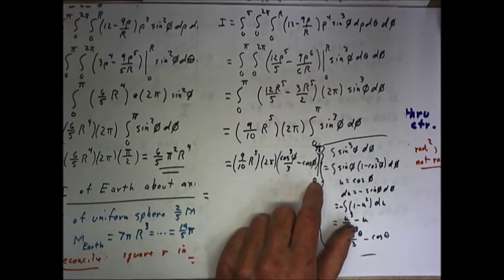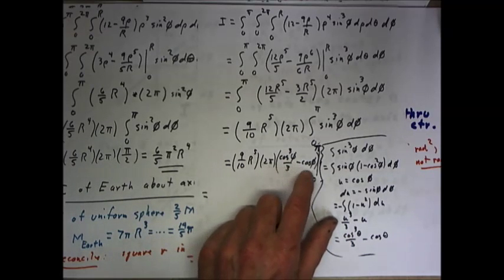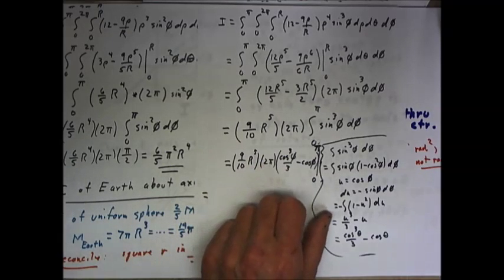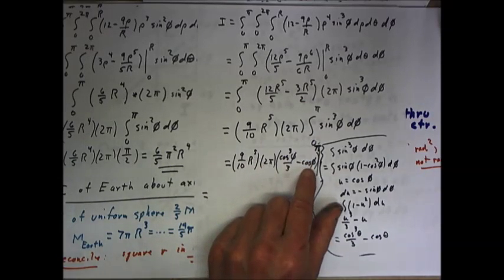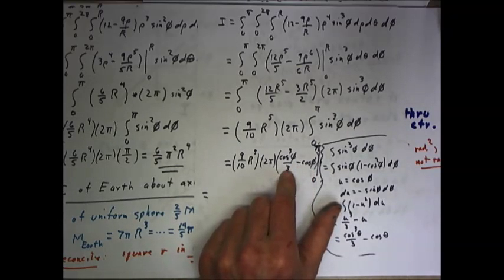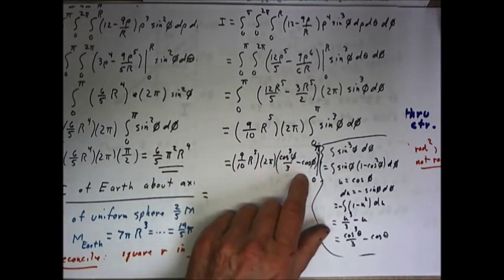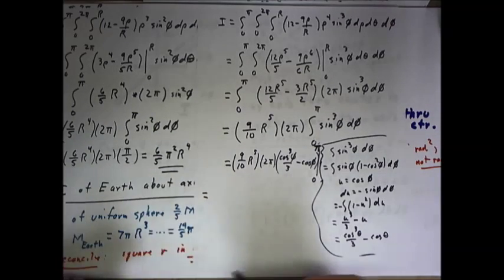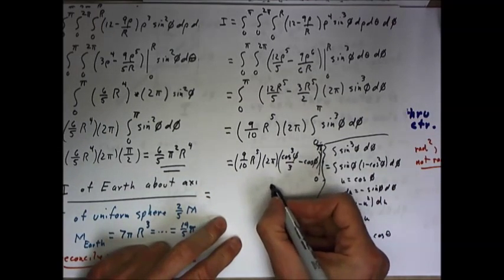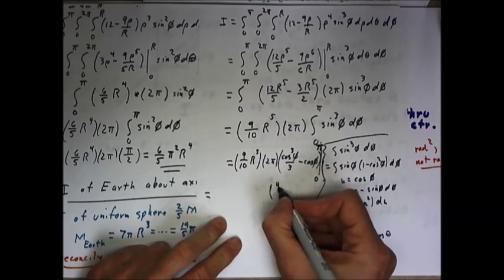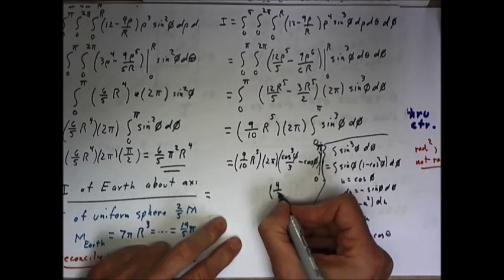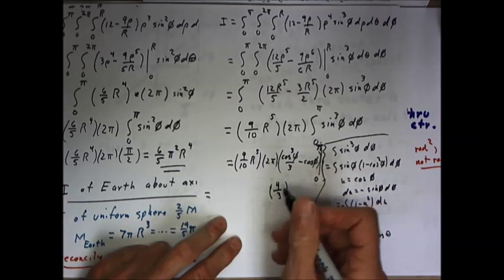At 0, the cosine is equal to 1, so we're going to have negative 1 plus 1/3, which is negative 2/3, but we're subtracting that. As a result, this integral here is just going to give us 4/3.